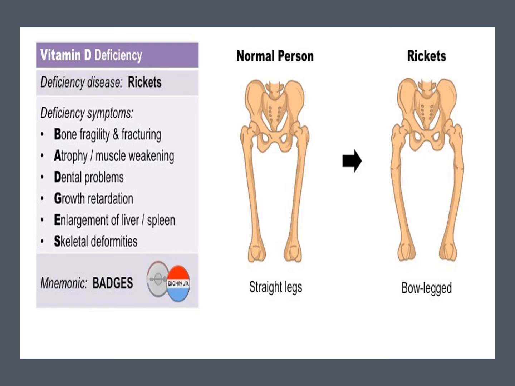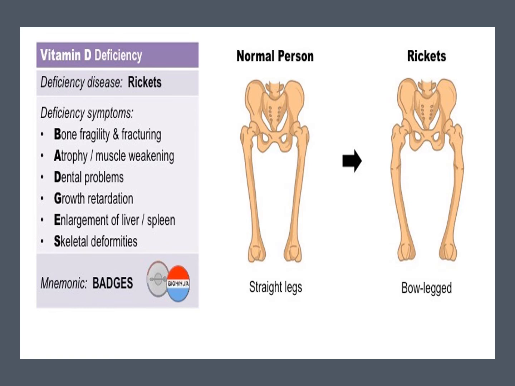Okay, so let's talk about vitamin D deficiency in children. And with vitamin D deficiency in children, it will lead to a disease called rickets. And rickets is really inadequate calcium deposition in the bones because you didn't have enough vitamin D to absorb the calcium that was in your diet.